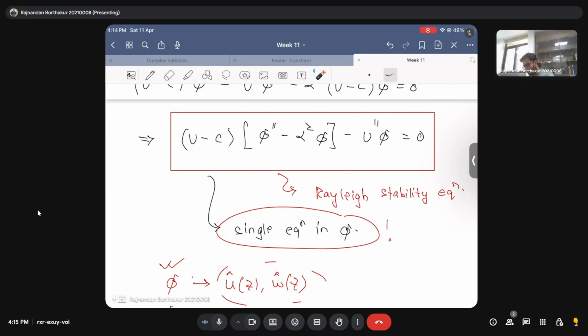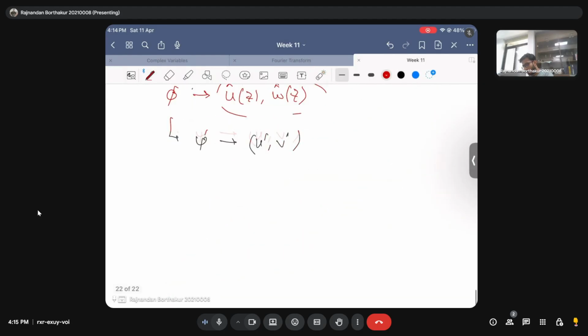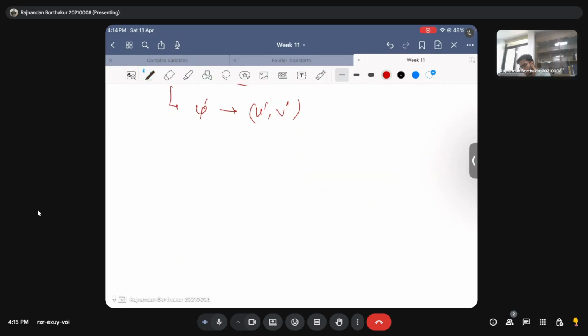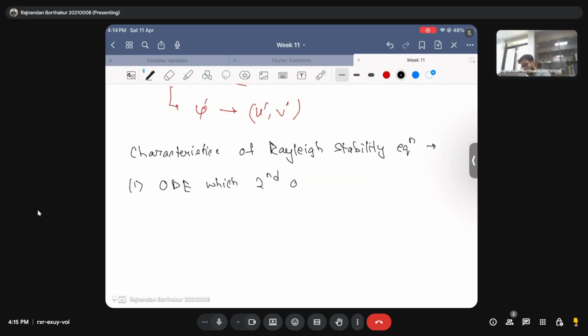So the characteristics of the Rayleigh stability equation are that, first of all, it's an ODE, which is second order, and more importantly, it's a homogeneous ODE.